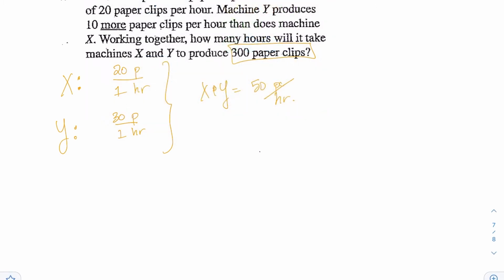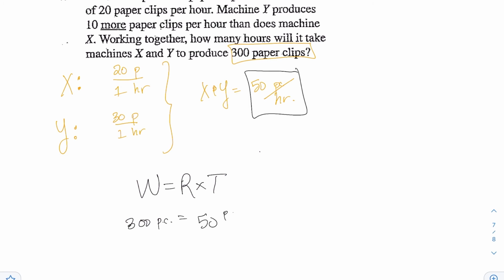So if they work together, you want to make 300 paper clips. Well, this is a variation of the d equals rt formula. This is work equals rate times time. The work in this case is 300 paper clips. And the rate here is this combined rate of 50 paper clips per hour. And the time, we don't know. We can just call that t, hours. Now notice that if you multiply, the units of hours will cancel out and you get paper clips on both sides, so everything does work out.